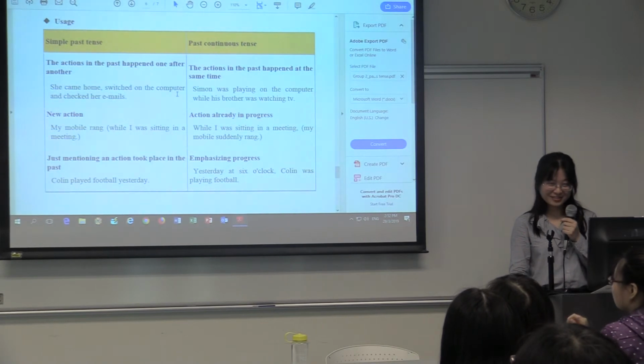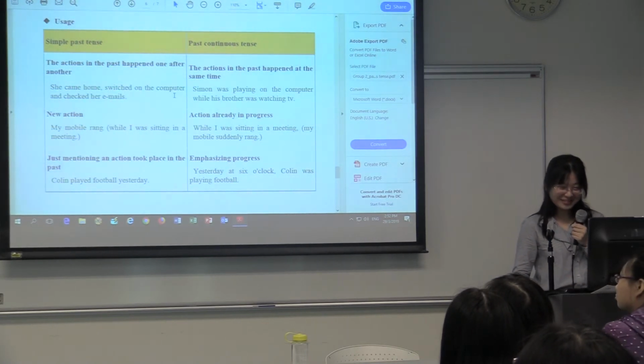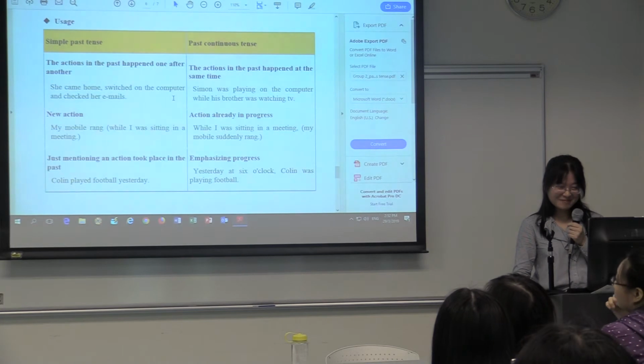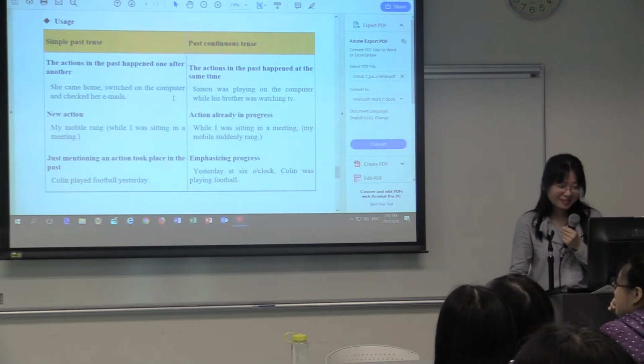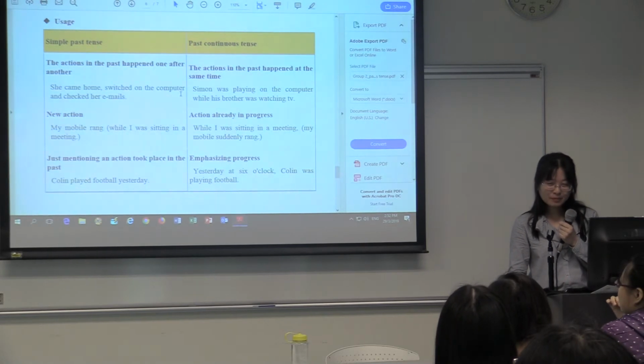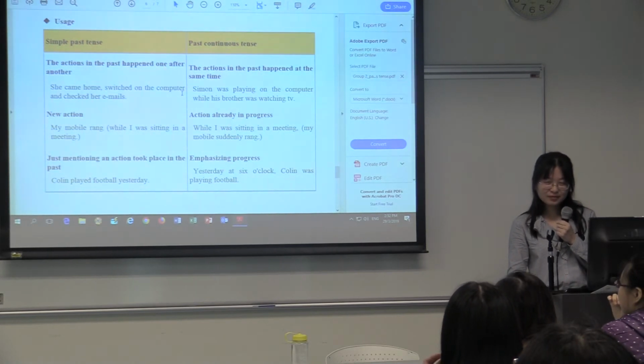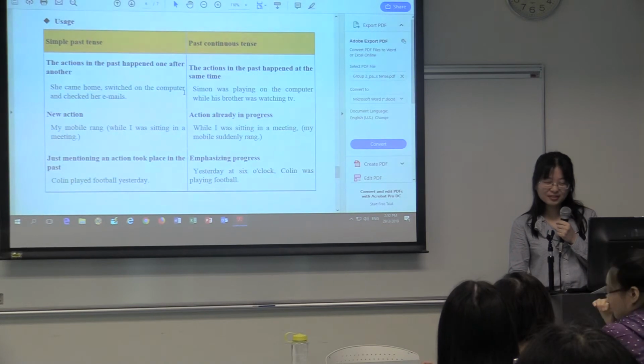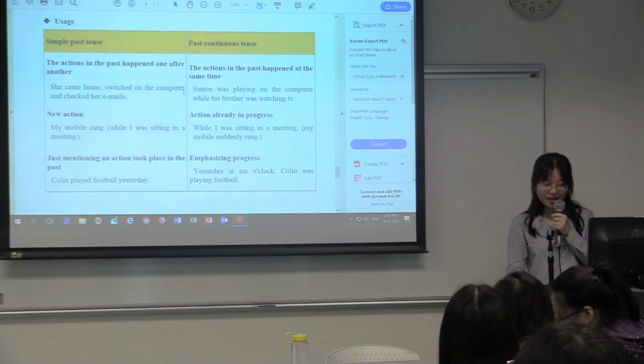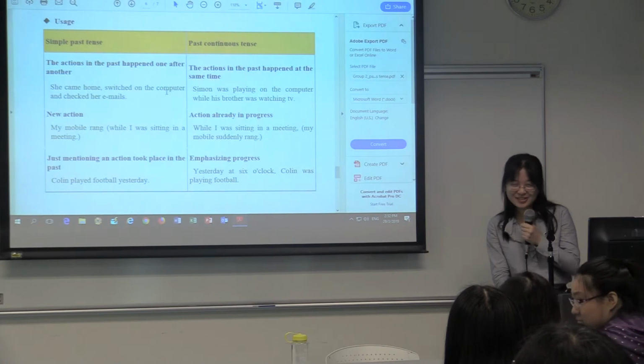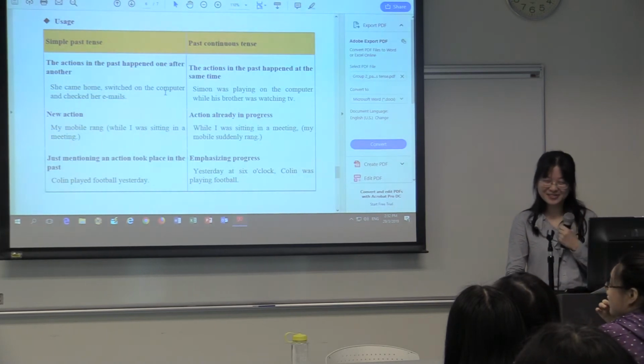Yes. Students, because this is the first class, are familiar with the new sentence pattern. I think it's better for us to make the comparison in the second class. Okay. Thank you for your suggestion.